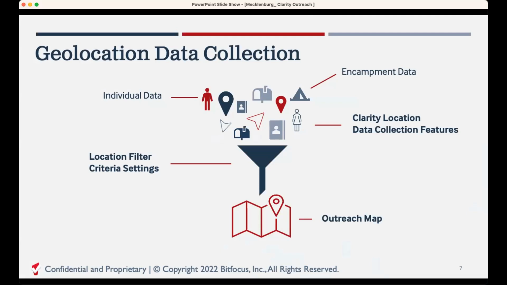They might not necessarily sleep there, but those are known locations where unsheltered folks hang out. To have that option as well, I think would be helpful to the teams. Yeah, and you can always add notes to a client's location history. So let me show you that.